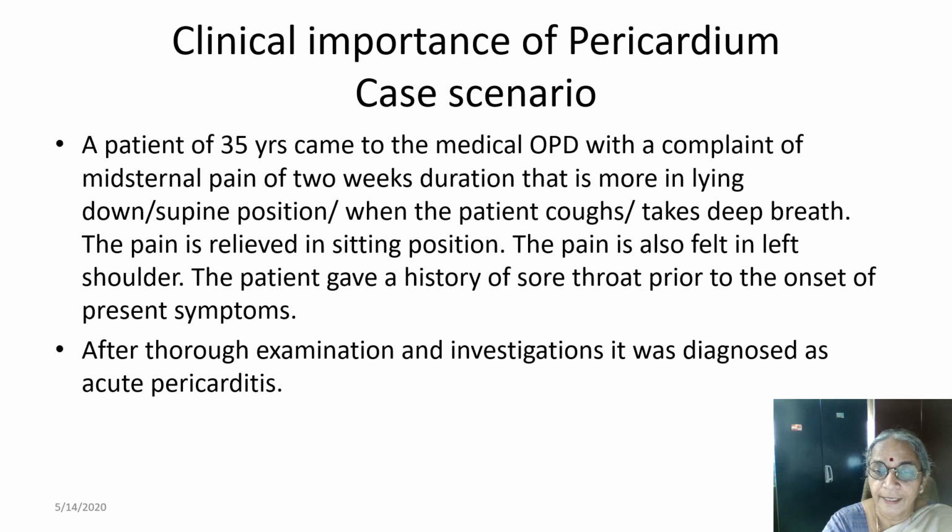Pain is also felt in the left shoulder. The patient gave a history of sore throat prior to the onset of present symptoms. After thorough examination and investigations, it was diagnosed as acute pericarditis.